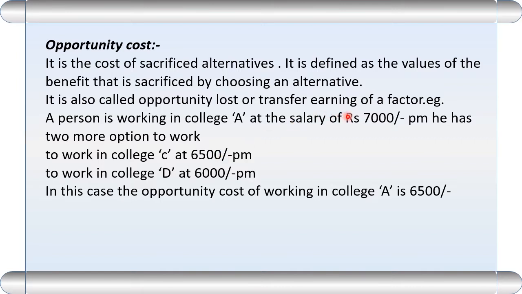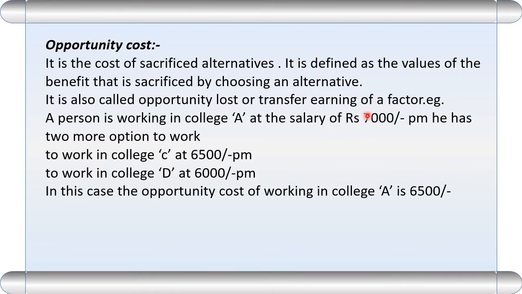How? Because the best offer which this person is having is joining C college. Suppose this person has opted college C, then what will be the next alternative available to him? The next available alternative might be D, that is 6,000 rupees. Remember one thing, this person has joined college C. It means that he cannot join college A. Why?